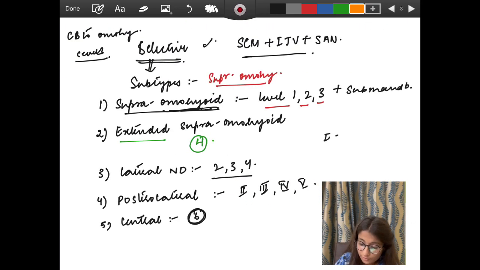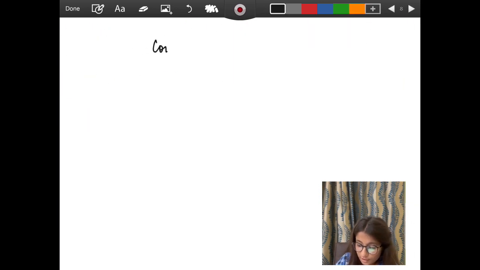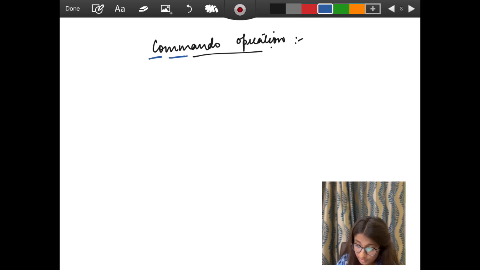There is one procedure called the commando operation. COMMANDO stands for combined mandibular neck dissection.